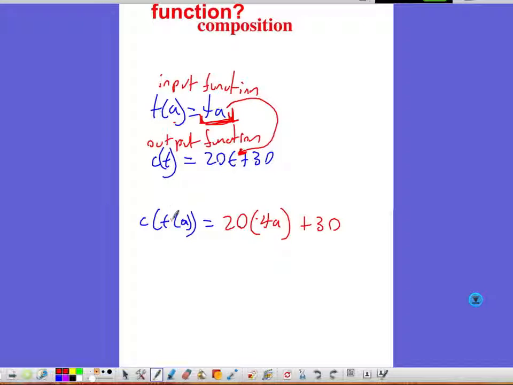Can you see how we input the expression of my input function, which is 4a, and we plugged it into the variable of my output function? So we can simplify this. 20 times 4a is going to be 80a plus 30.